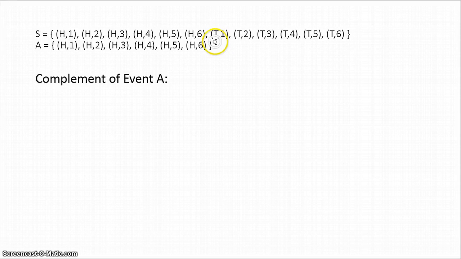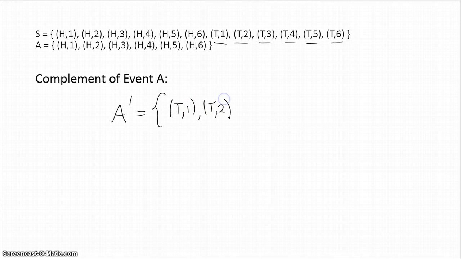So these outcomes here are going to be contained in the complement of A, which I write A complement, is the set with T1, T2, T3, T4, T5, and T6. There's our complement.